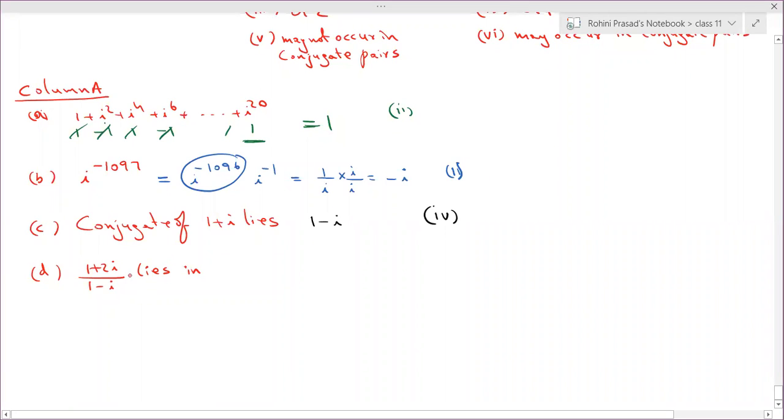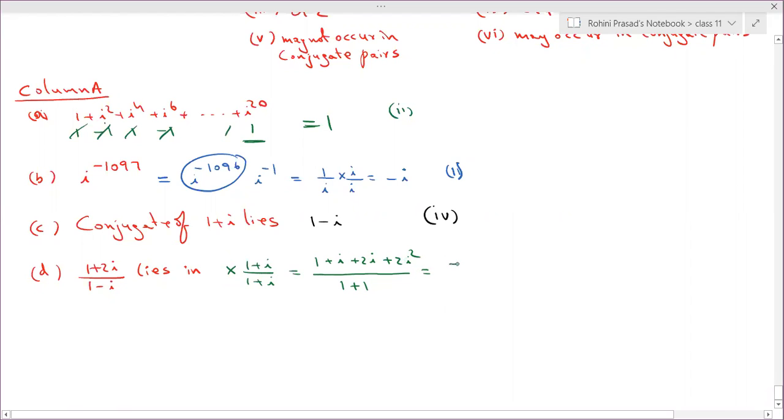They're asking in which quadrant (1 plus 2i) by (1 minus i) lies. So if you multiply and divide with 1 plus i, the numerator is 1 into 1, 1; 1 into i, i; 2i into 1, 2i; 2i into i, 2i square. And the denominator, 1 plus i into 1 minus i, is 1 plus 1, since i square is minus 1.